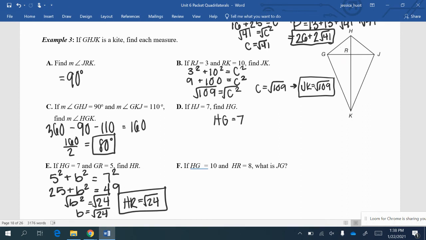All right, almost done. So here, if HG is 10 and HR is 8, what is JG? So first we're going to find this segment right here, again using the Pythagorean theorem. So 10 squared is going to equal 8 squared plus B squared. 100 equals 64 plus B squared.